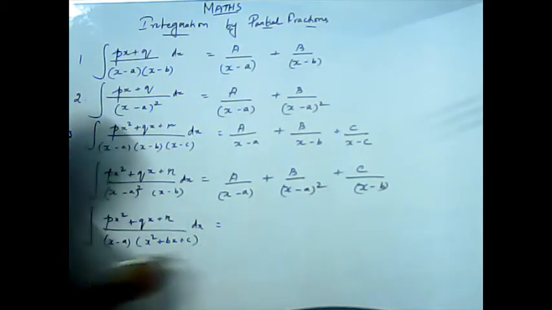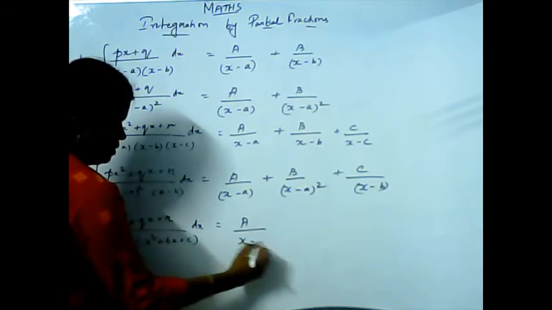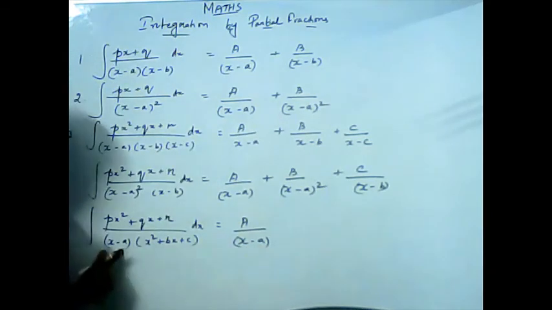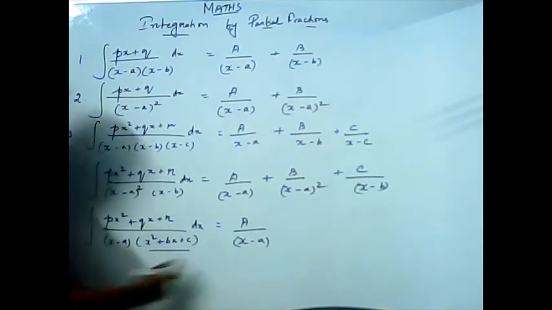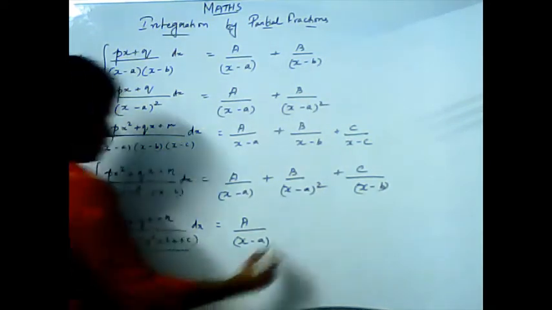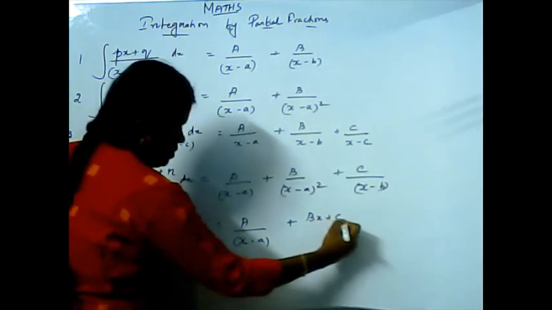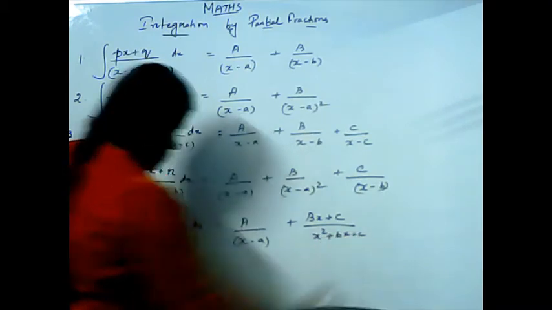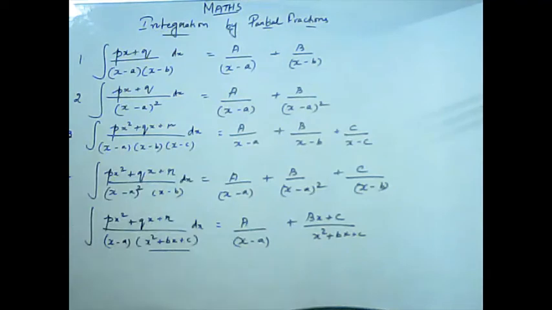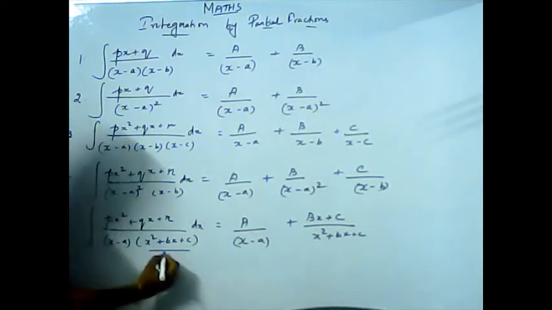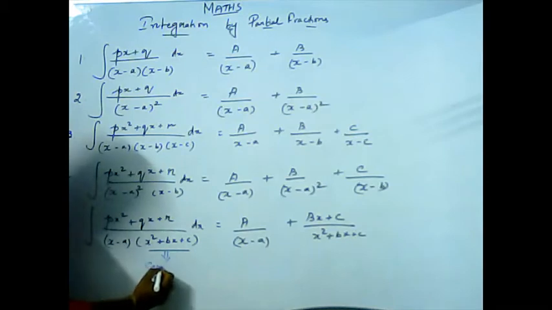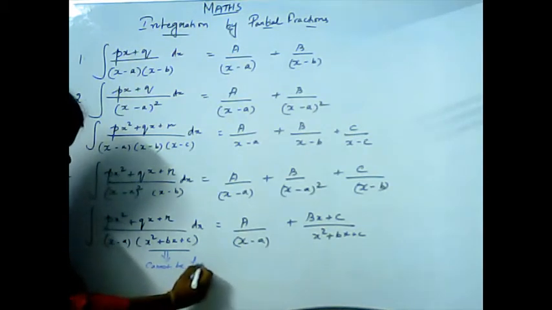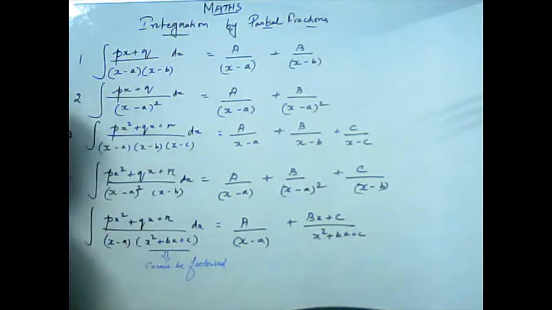As A/(x - a), a linear factor, and then (Bx + C)/(x² + bx + c). You should note that this quadratic cannot be factorized, so this is the particular form. So these are the 5 forms you should come across.